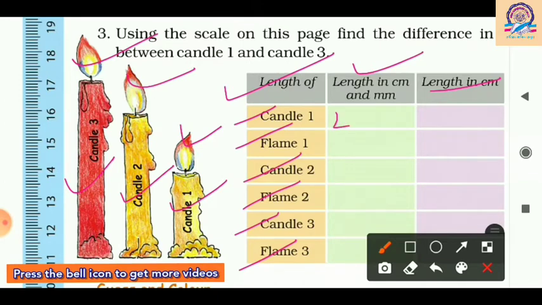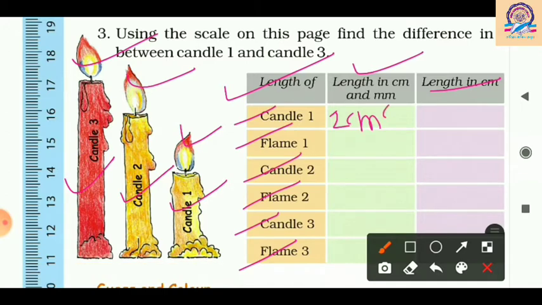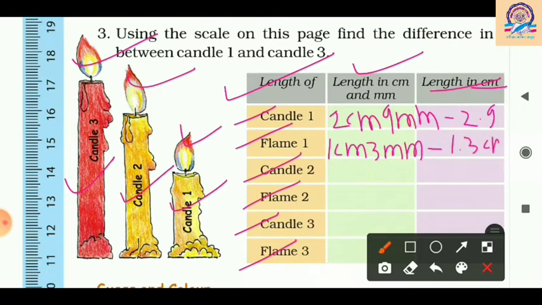I measured all these candles and their flames and I found that candle 1 was 2 centimeter and 9 millimeter. In centimeter we can write it as 2.9 centimeter. Similarly I measured flame 1 and found it was 1 centimeter and 3 millimeter, so in centimeter I can write it as 1.3 centimeter.